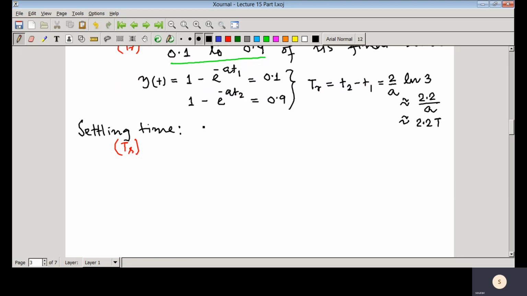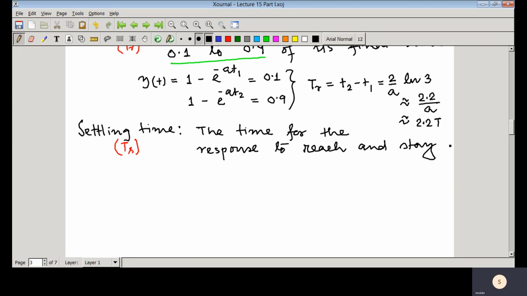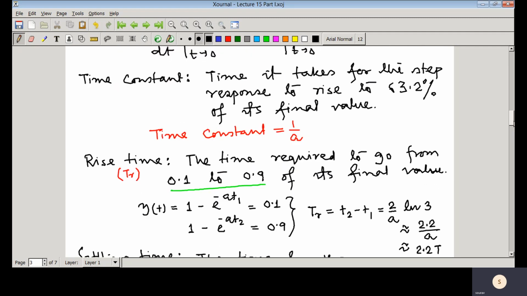So by definition, settling time is the time for the response to reach and stay within 2% of its final value.